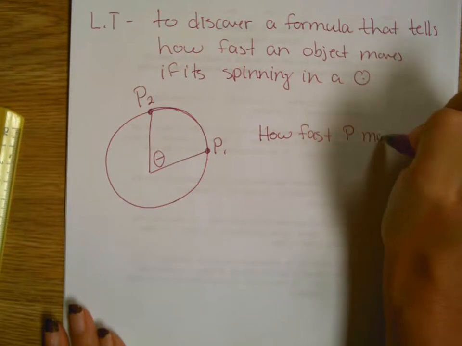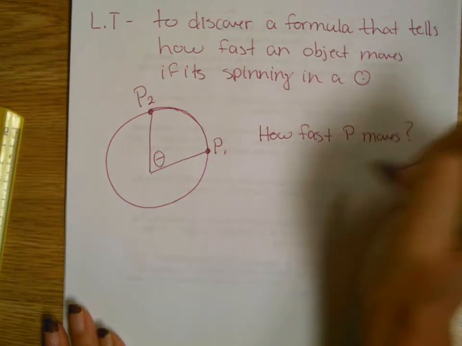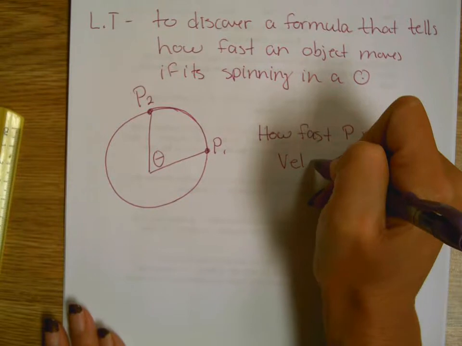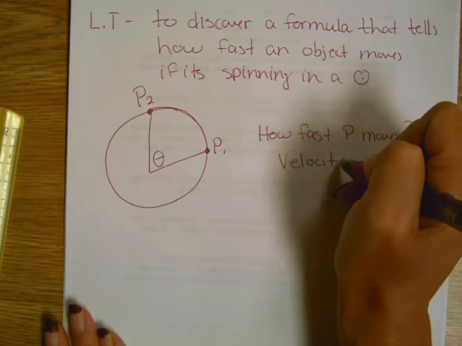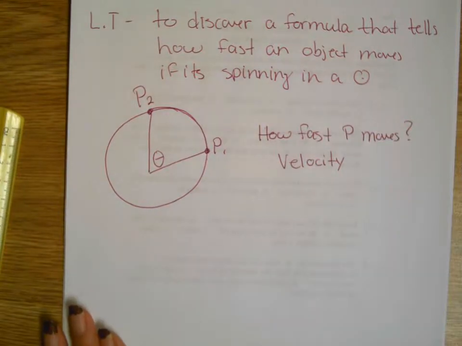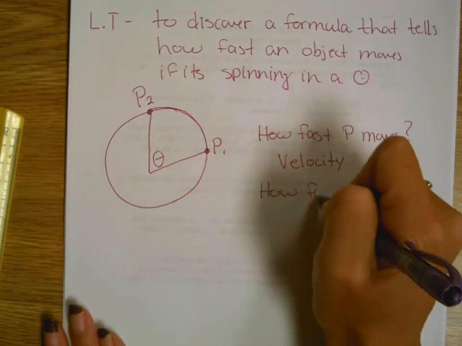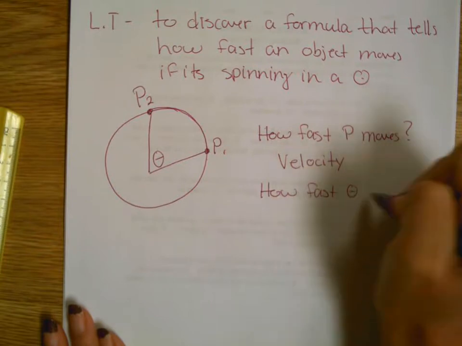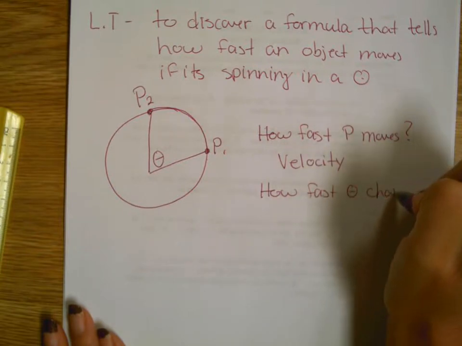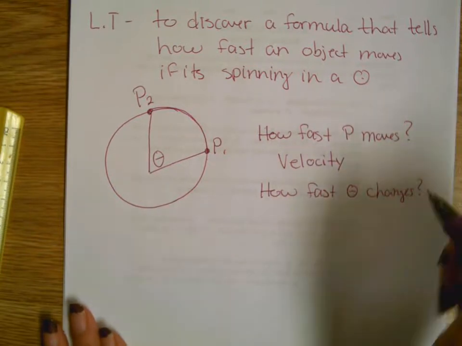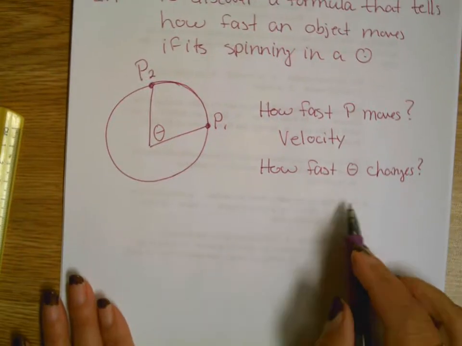But at any rate, how fast point P moves is its velocity. And how fast theta changes, that's going to be called angular velocity.